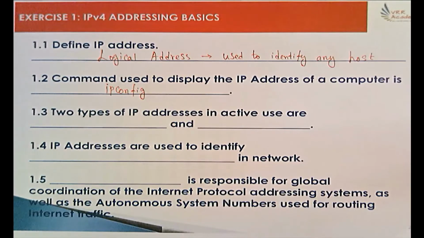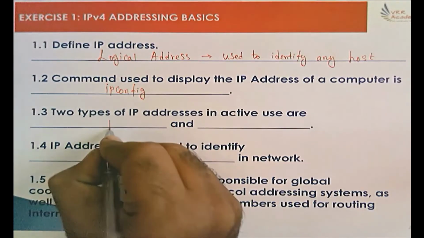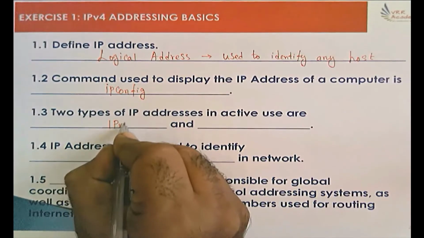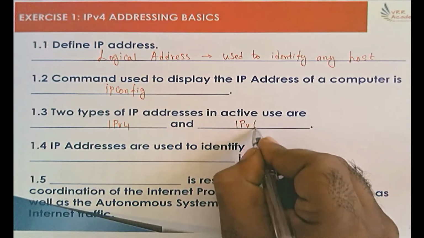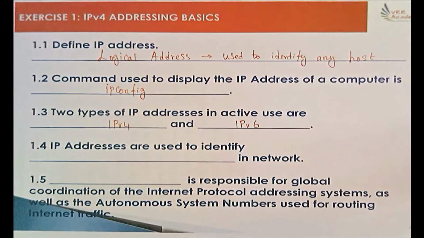The third question is: two types of IP addresses in active use are. What are the two different types of IP addresses we are using nowadays? That is IPv4 and IPv6. So these are the two types of IP addresses in active use. The fourth question: IP addresses are used to identify dash in a network.